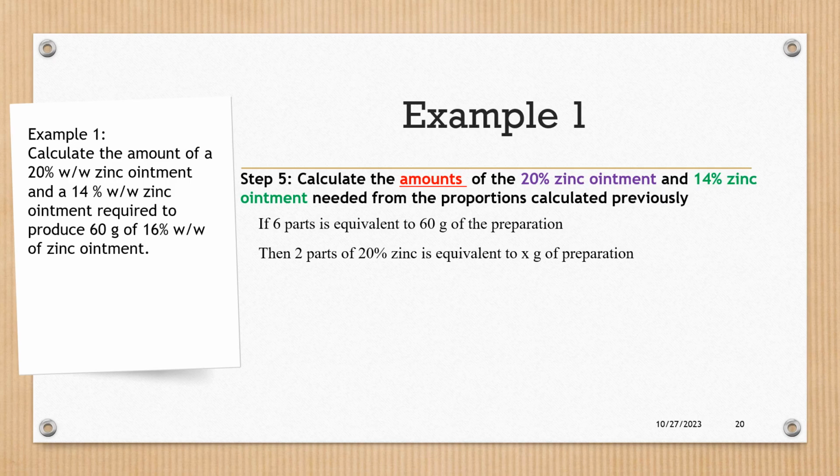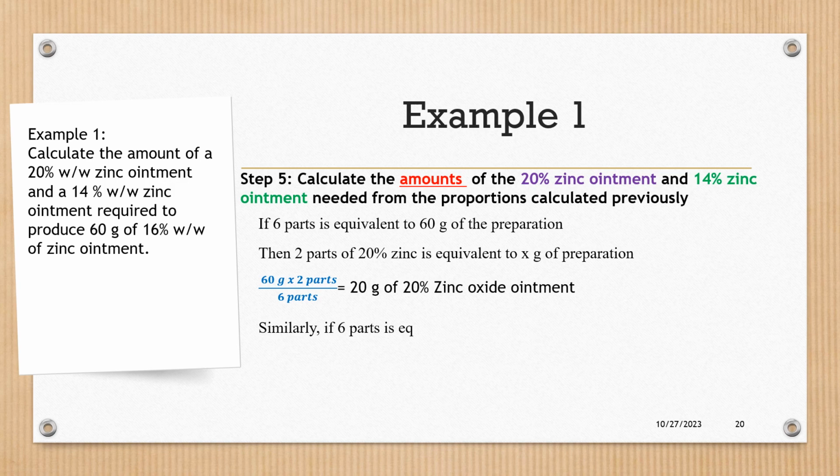So we can simply set up a proportion here: 2 parts out of 6 parts, which is the whole, multiplied by the 60 grams, which is the final amount that you want, and you will get the amount of 20% zinc oxide ointment that you should be adding to the preparation.